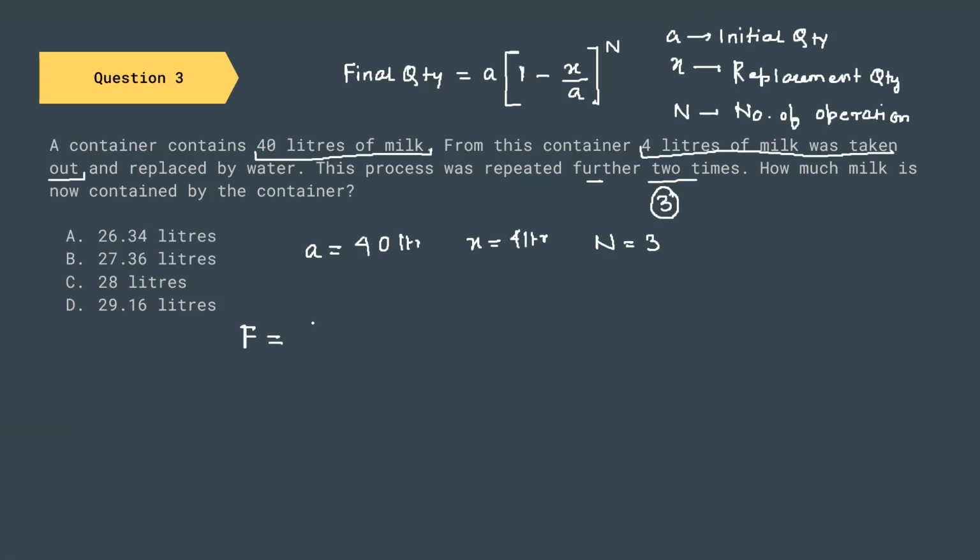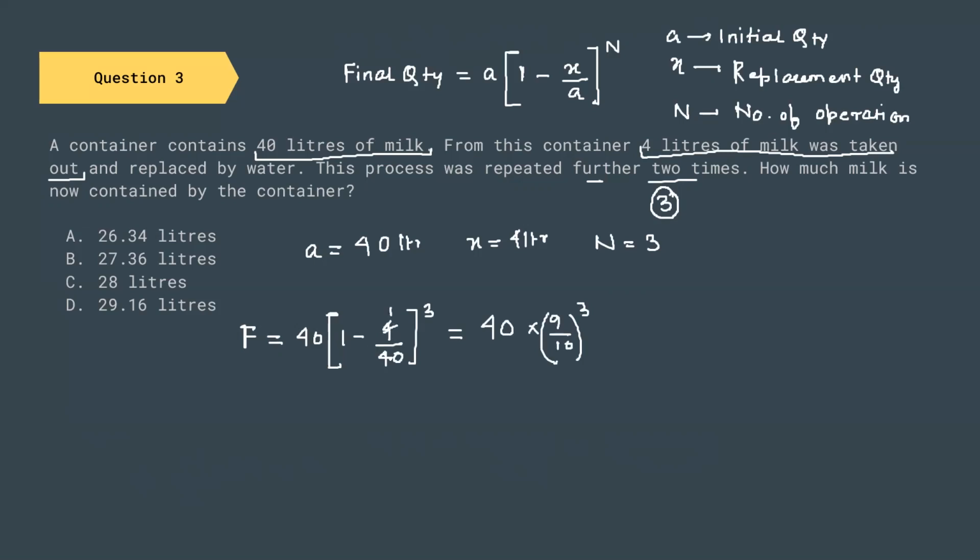So to find the final quantity, I will put the values in this respective equation. So we will have 40 and then 1 minus 4 by 40 to the power 3, because this process was repeated 3 times. And after this simplification, we are going to get 40 into (9 by 10) whole cube. How?